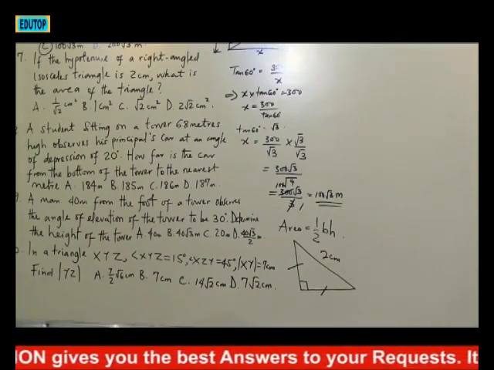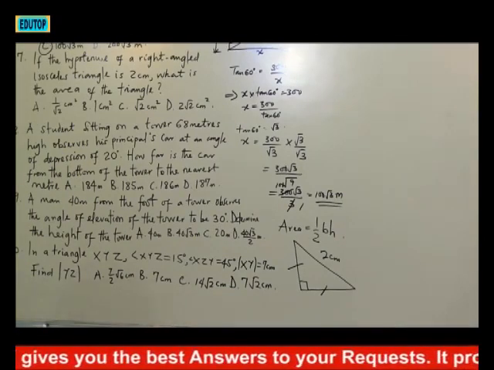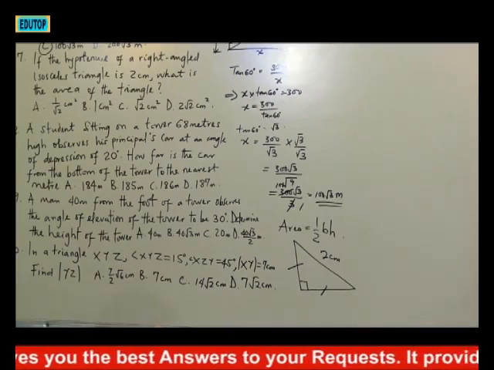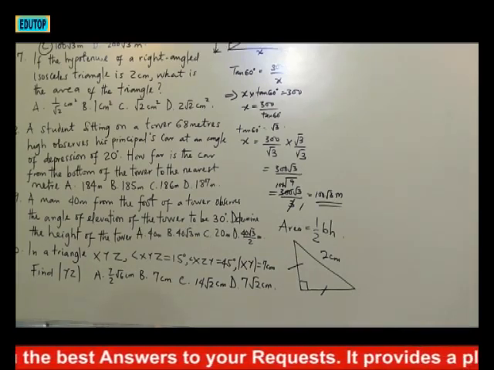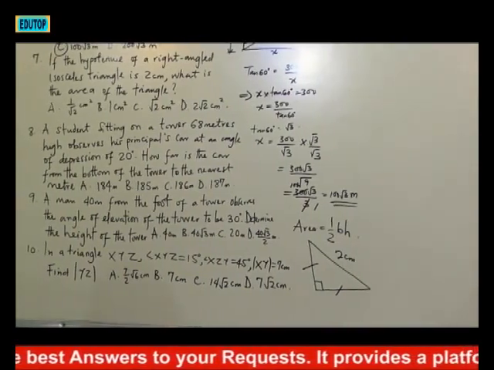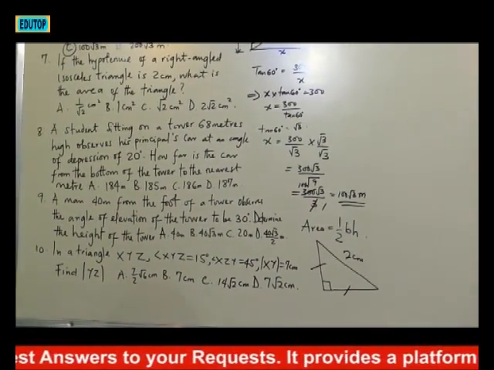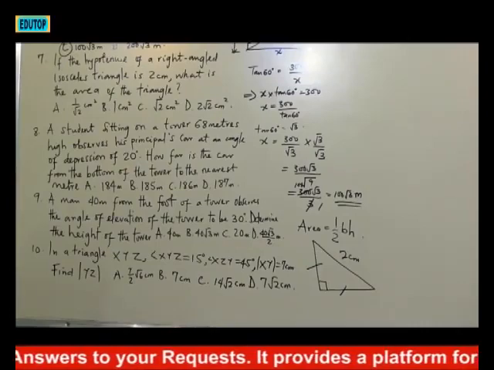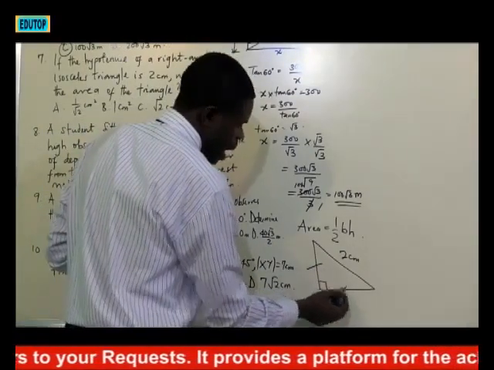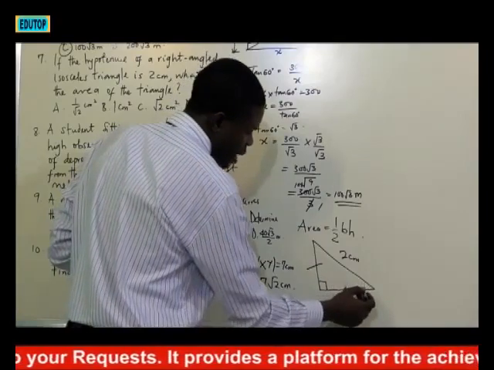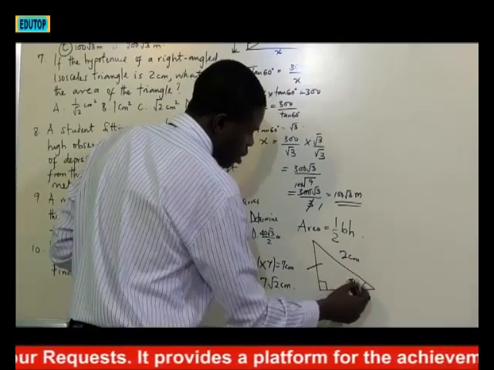So in that situation, the question asks us to look for the area of the triangle. Now, if these two other sides are equal, automatically that means the angles will definitely also be equal.